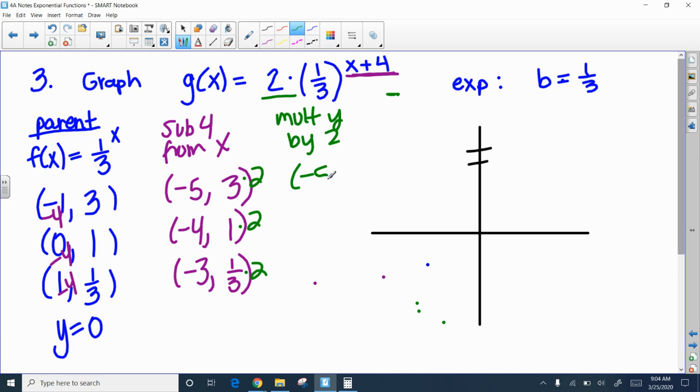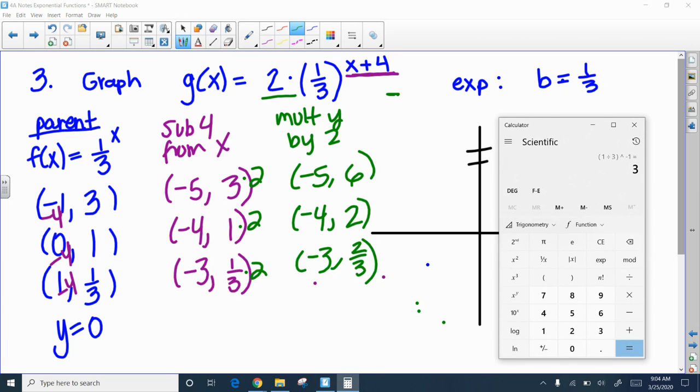So my x values are -5, -4, -3. My new y values, this would be 6, this would be 2, and then 1/3 times 2 is 2/3. If you don't know what that is, you can also do it on a calculator. So 1 divided by 3 times 2 gives us about 0.67.